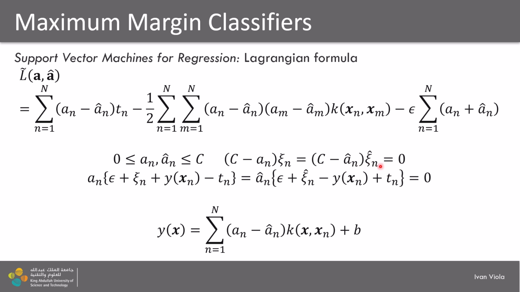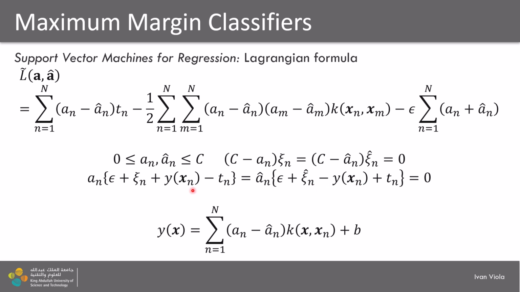So that's both constraints coming out of these KKT conditions, and then also the terms here where the a_n times this distance measure is equal to 0, and also from above, and this is the same formulation from below.